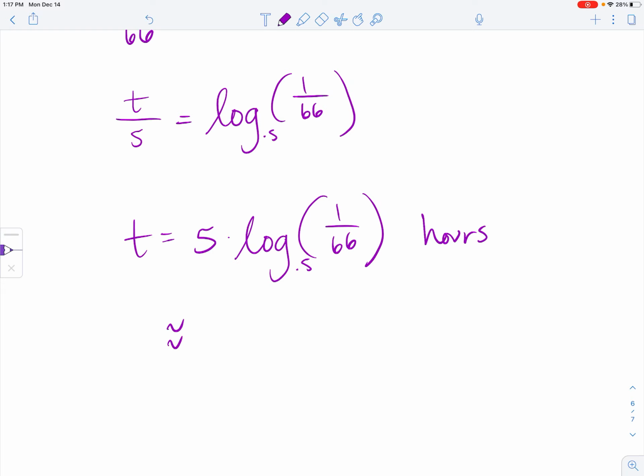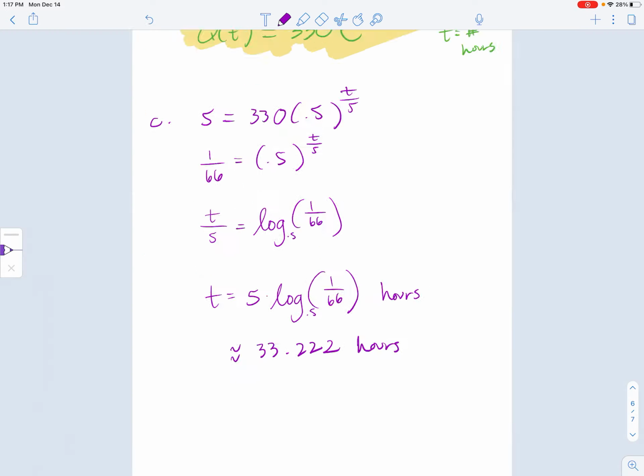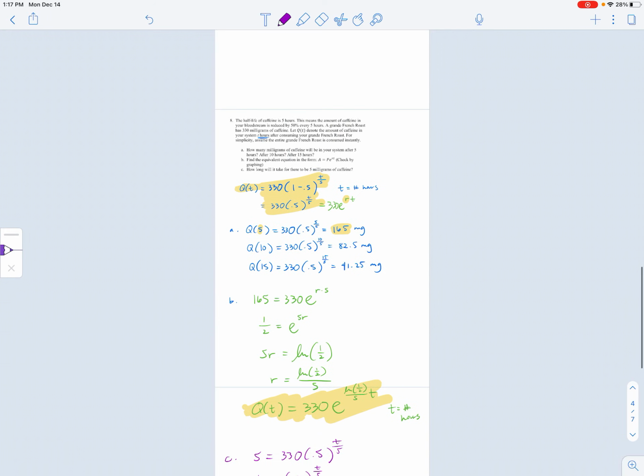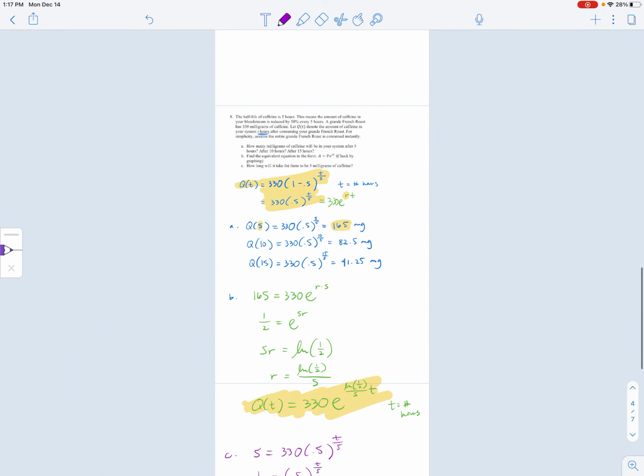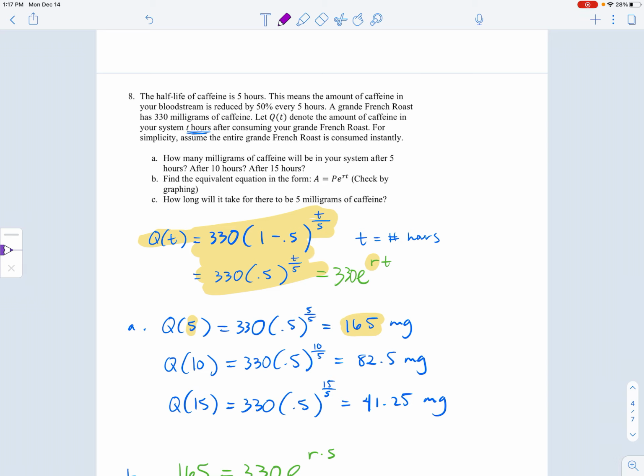It could be helpful to type that into our calculator to get an approximation, just so that we can wrap our brains around how long it would take for there to be 5 milligrams left in our system. I get 33.222 hours for there to be 5 milligrams of caffeine left in your system after drinking a grande French roast coffee.